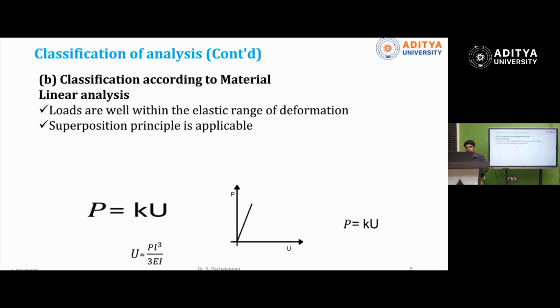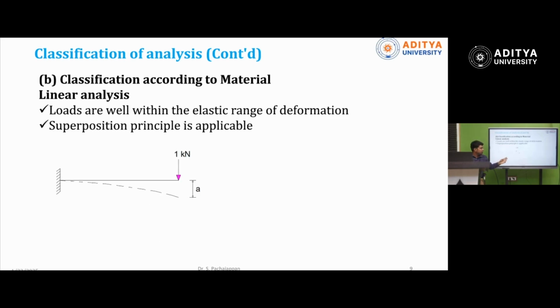Now coming to another case, for example, what is meant by superposition? I have a cantilever beam having 1 kilonewton at the free end. Because of this load, the produced deflection is, we'll say, A. Now the same cross section, same length of the beam I'm taking, but the load applied at the free end is 2 kilonewton.